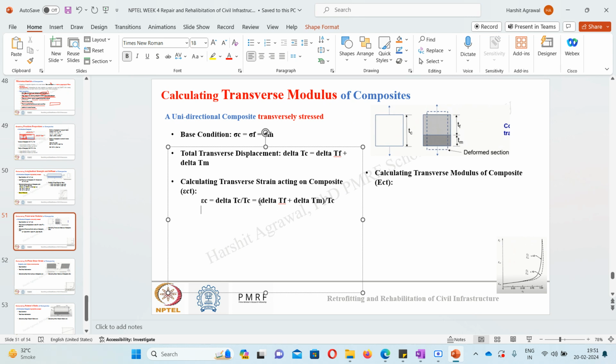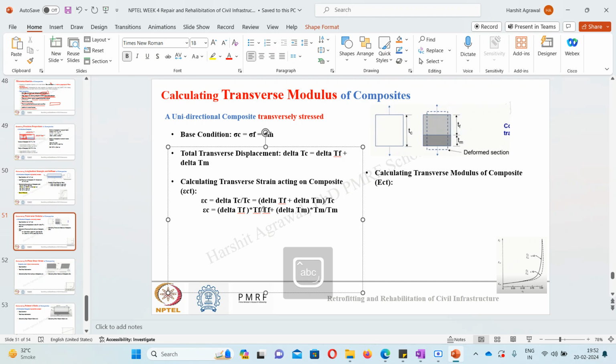I will take this relationship and copy the whole thing, and in this upper part, just observe how the calculation is done. I will multiply by TF and divide by TF. Similarly, for the matrix part, I will multiply by TM and divide by TM.